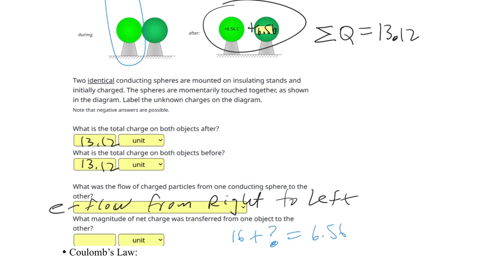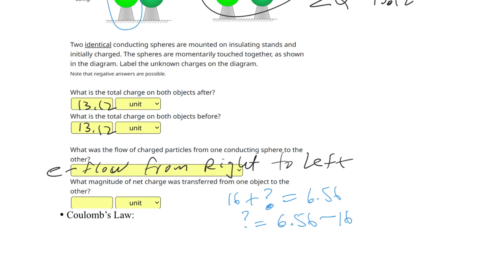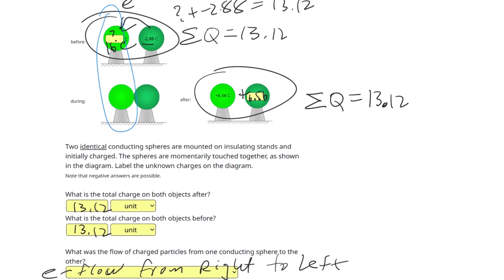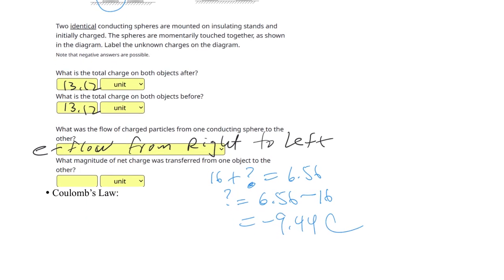Well, the question mark equals 6.56 minus 16, which is negative 9.44 coulombs. So negative 9.44 coulombs was transferred from the right to the left.